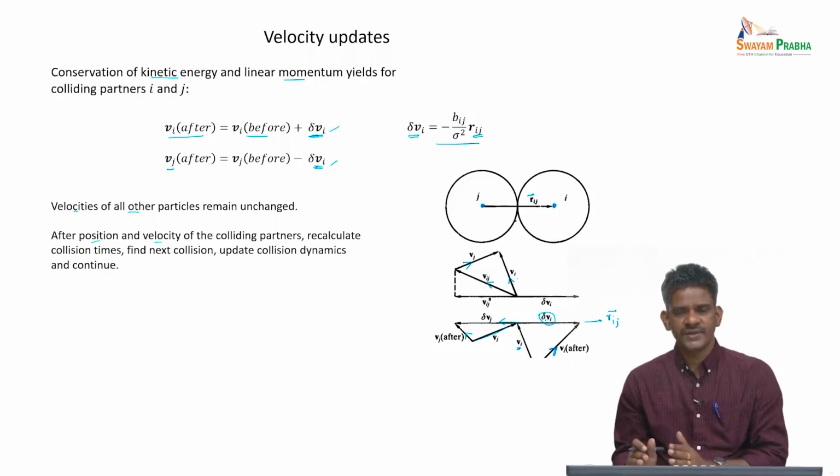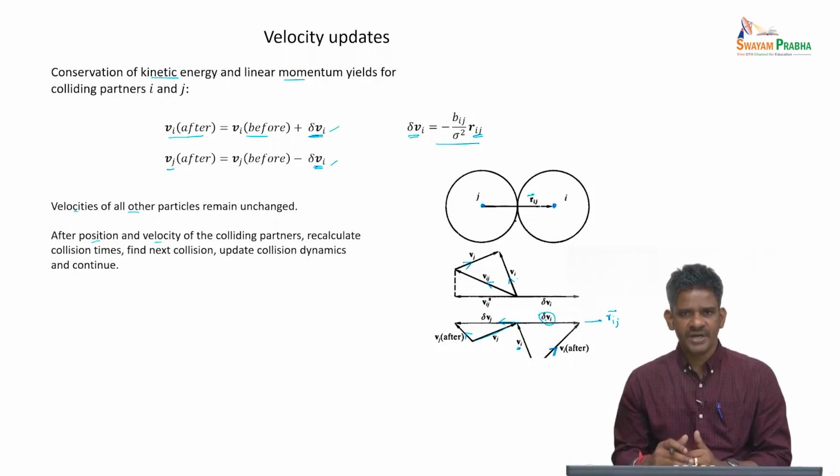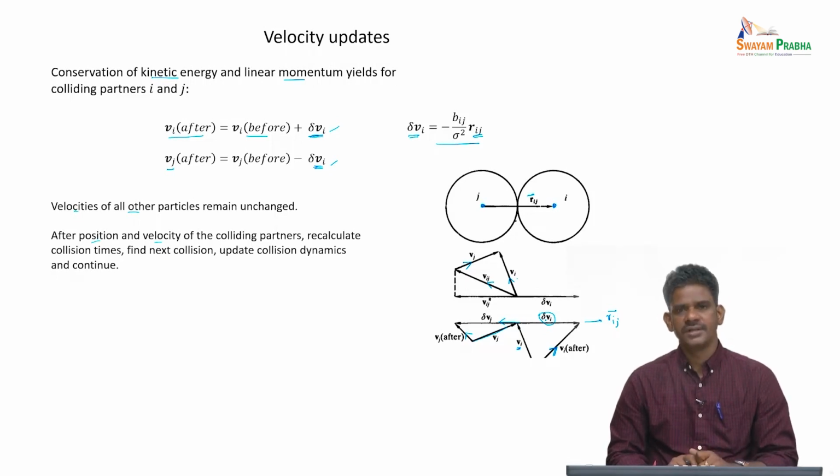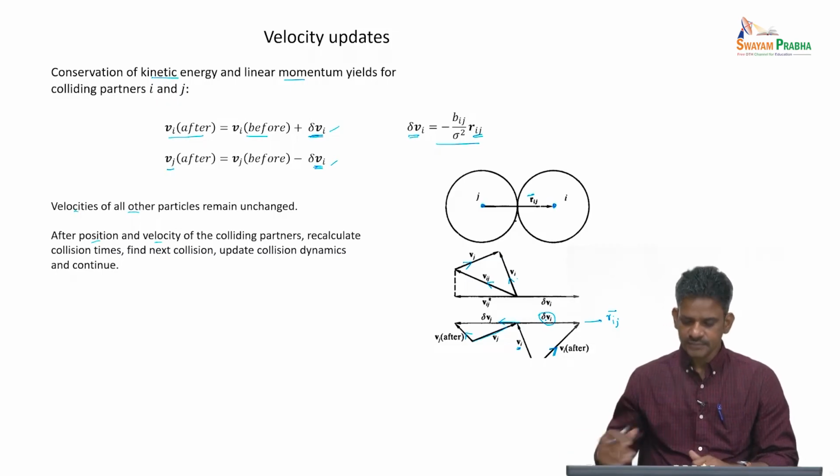Between those collision times we update positions and velocities, because nothing happens between collisions; particles move at constant velocity. So, it is very easy to update particle positions and velocities during those times. We only have to worry about the next colliding partner and ensure the conservation laws such as linear momentum and kinetic energy. And this can be repeated over many simulation steps.